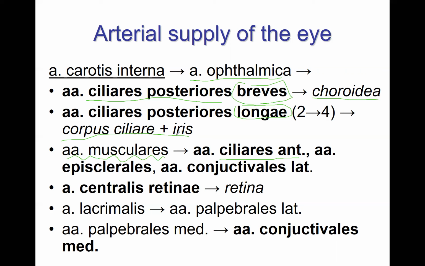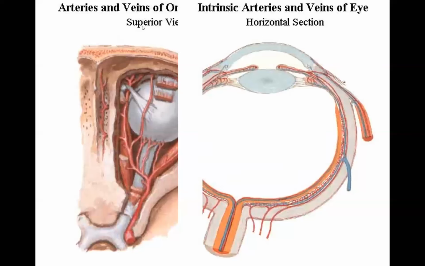Let's look here at how they get there. So we have the short posterior ciliary arteries. This is the long one, and if you follow the long one, it goes ventrally to the iris and ciliary body. And then we have these muscular ones, supplying muscles and continuing here to supply the iris and ciliary body.